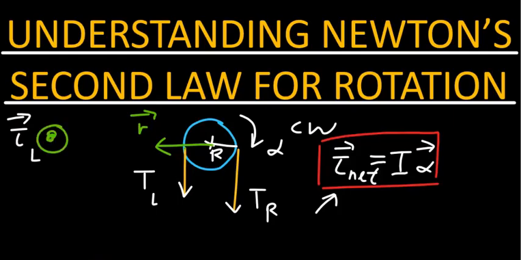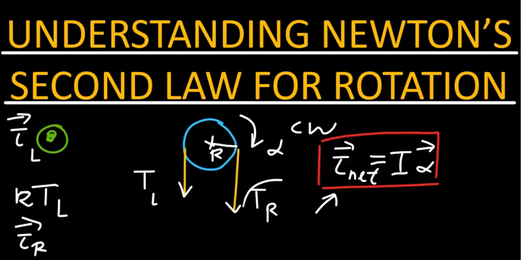The magnitude of it is quite simple. It's the magnitude of that vector, in this case the same as the radius of that pulley, times the magnitude of that tension on the left-hand side. Now let's do the other contribution, the torque due to the right-hand side tension.